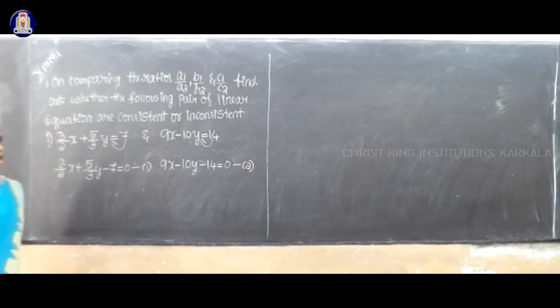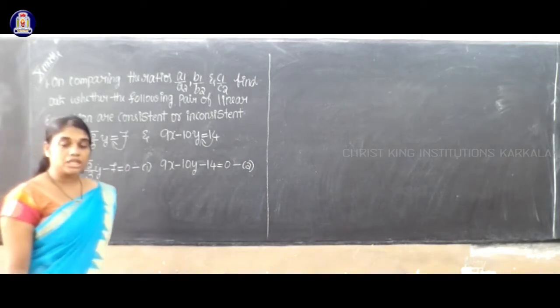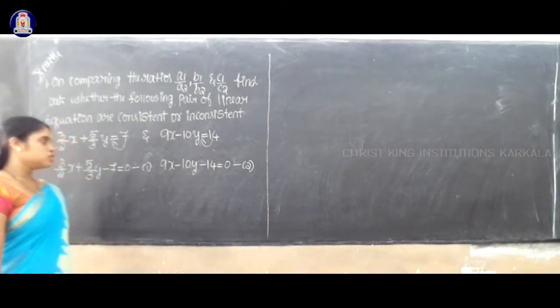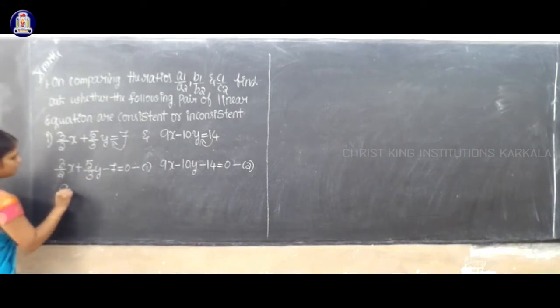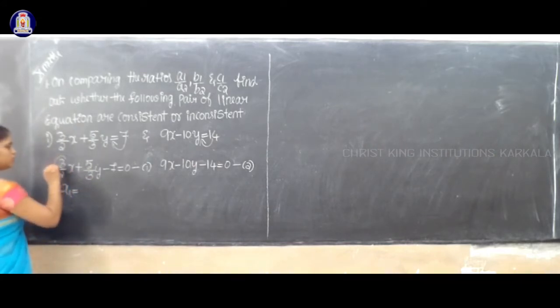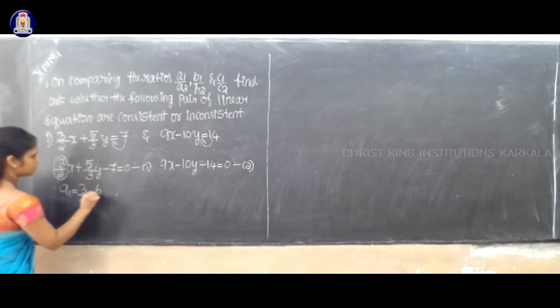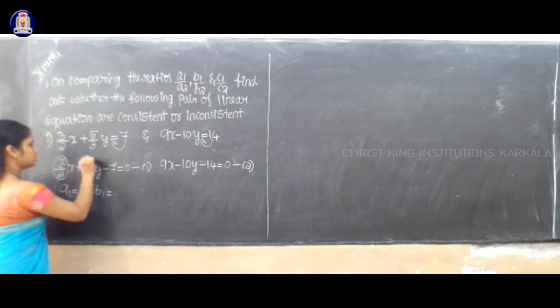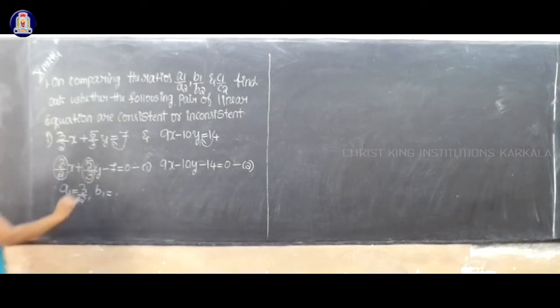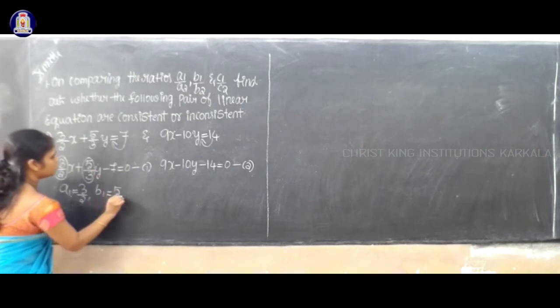Now I'll write the values of A1, A2, B1, B2, C1, C2. First of all, A1 is the coefficient of x. What is the coefficient of x? That is 3 by 2. Next, B1 is the coefficient of y, that is 5 by 3.